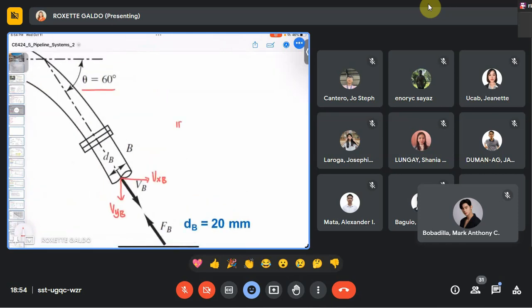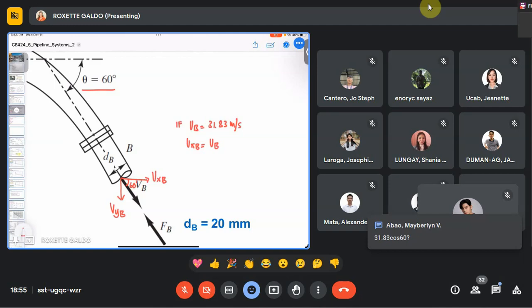If VB is equal to 31.83 meters per second, and the angle here is 60, VXB will be equal to VB cosine 60 degrees.